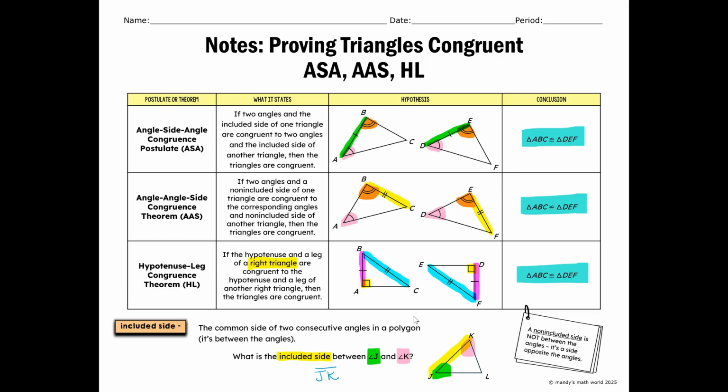It would be segment JK. That's the included side. So the non-included side is not between the angles. It's a side opposite the angles. So in this particular figure, if I have these two angles, a non-included side would be KL or JL, right? So angle, angle, side.